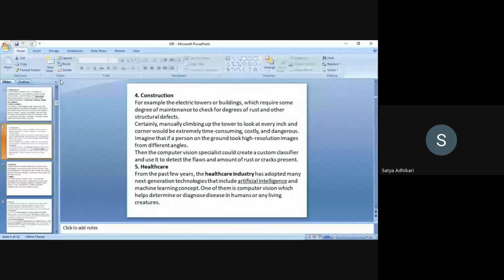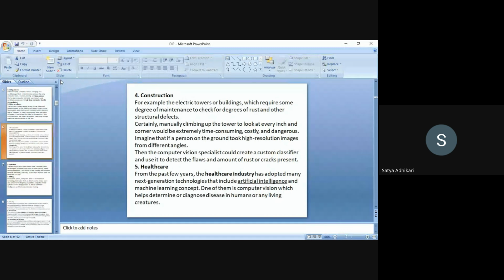So it may be time consuming, may be costly, or may be dangerous, because climbing a tower or building may be risky. But imagine if a person on the ground took high resolution images from different angles, then a computer vision specialist could create a custom classifier and use it to detect the flaws, the amount of rust or cracks present.